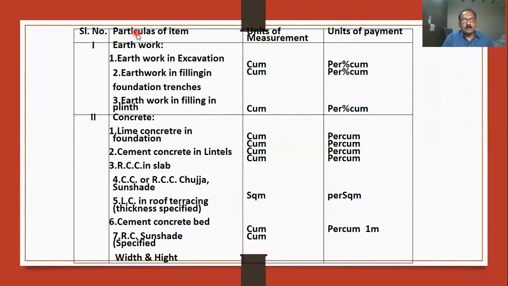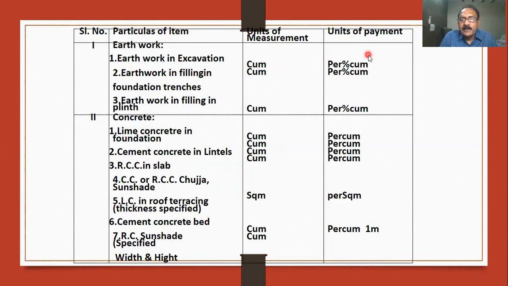First one is the earthwork item. In earthwork there are different types: excavation, filling, and earthwork filling up to plinth beam. What is the unit of measurement for earthwork in excavation? Cubic meter. In last videos I explained it.